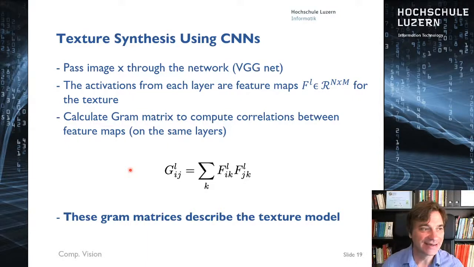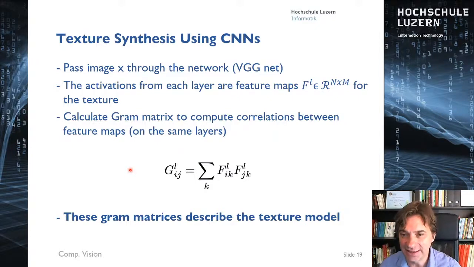The idea here is again to use the activations from some layers in the network. And the idea is then to have a network that produces an image with the same activations, then it will also be a similar image.